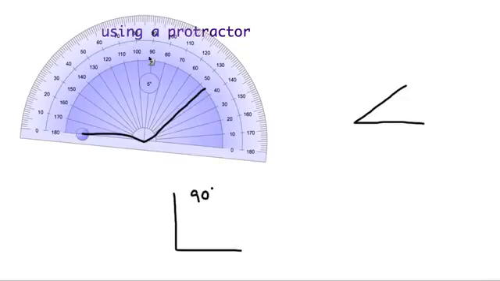Now if we see our 90 degrees right here, and this angle is facing this direction, it looks like it's going to be larger than 90 degrees or an obtuse angle. So when I go to measure my angle, this isn't working so well.